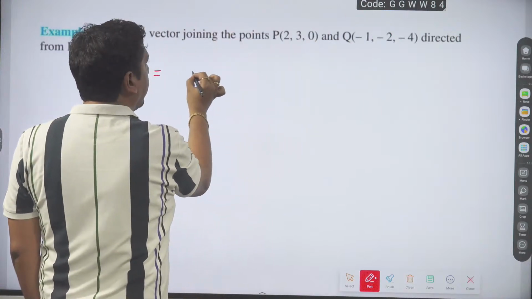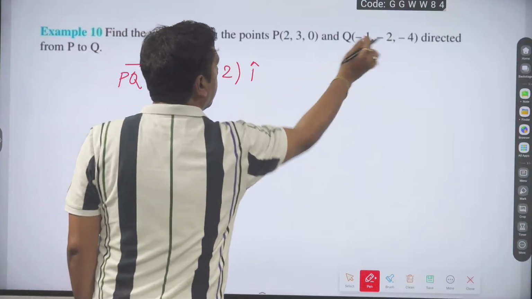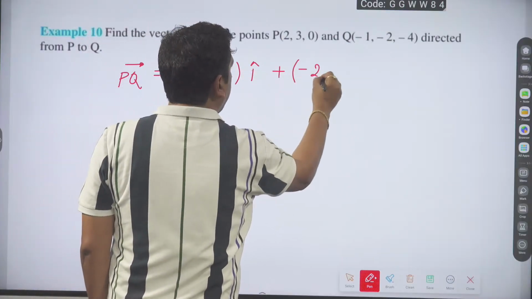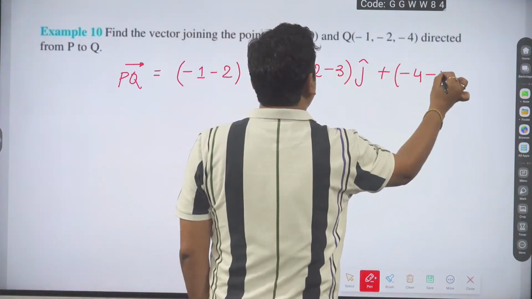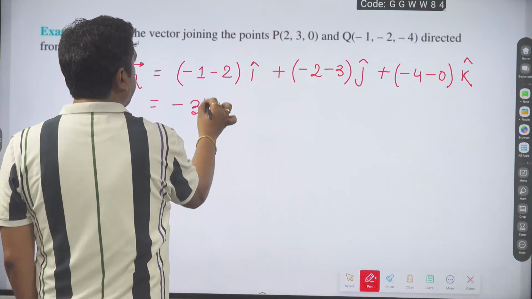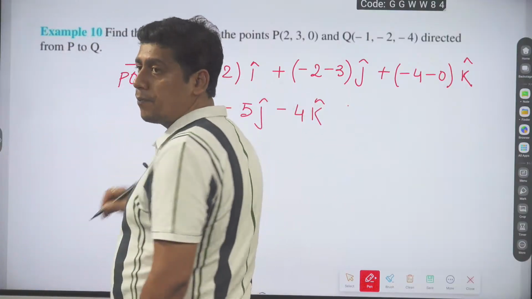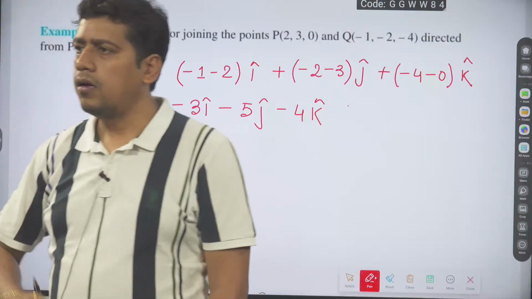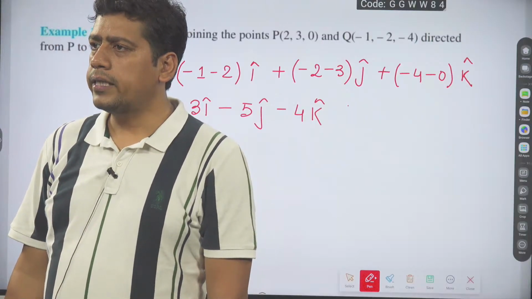So (1 minus 2) i cap plus (minus 2 minus 3) j cap plus (minus 4 minus 0) k cap. So it is minus 3 i cap minus 5 j cap minus 4 k cap. Yes, it should be Q minus P.